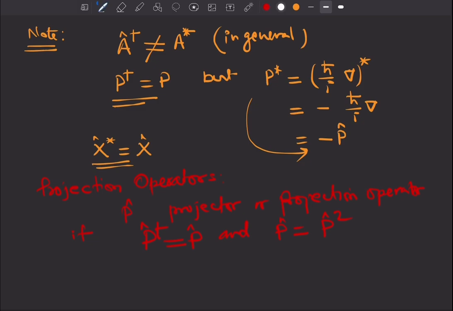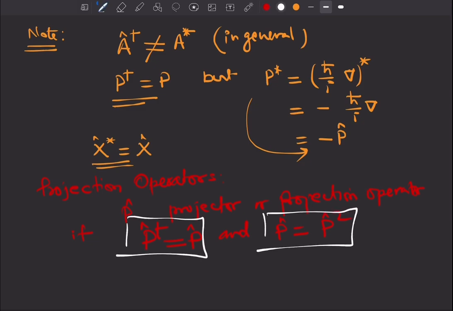So these two conditions should be fulfilled for an operator to be a projector or projection operator.